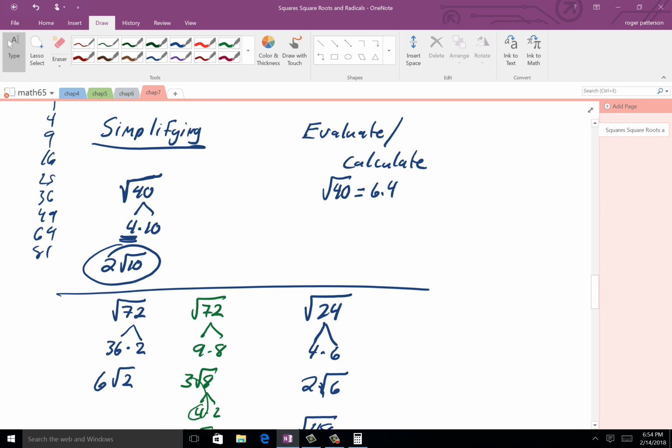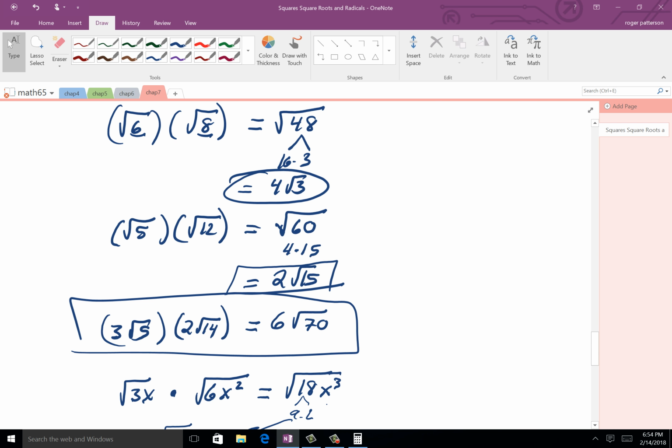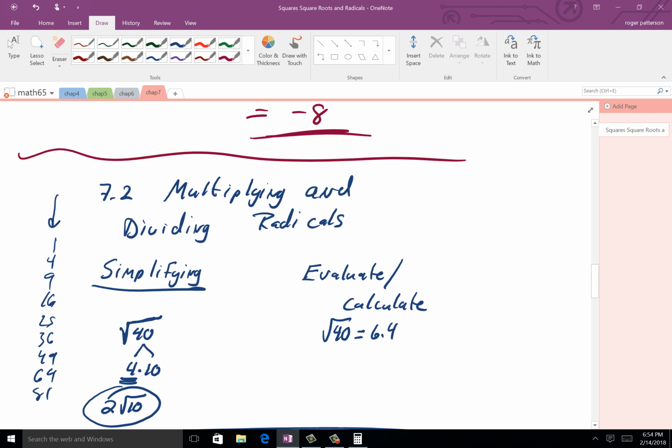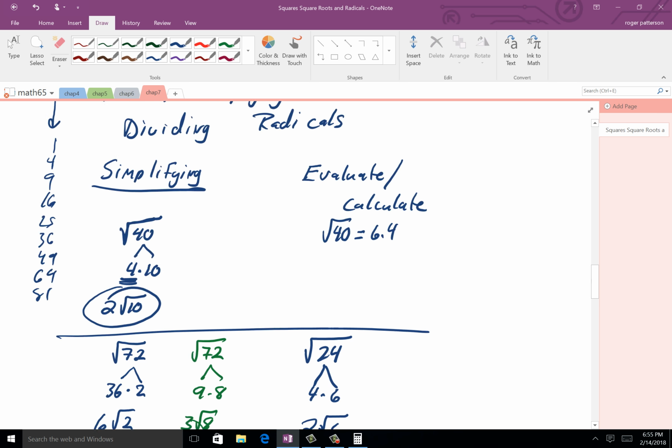Oh, there it is. So, 1, 8, 27, 64. I didn't go any further. So, any of those numbers going to go into 32 for us? 8 does. All right.